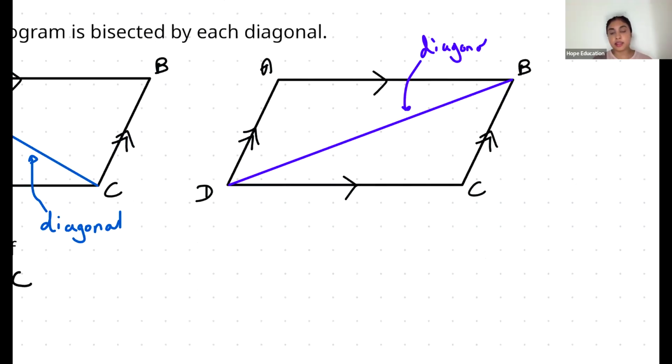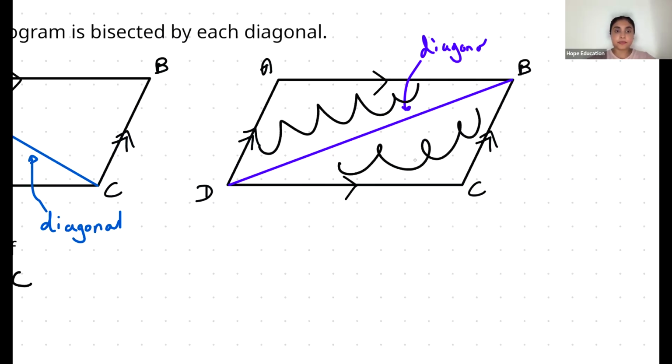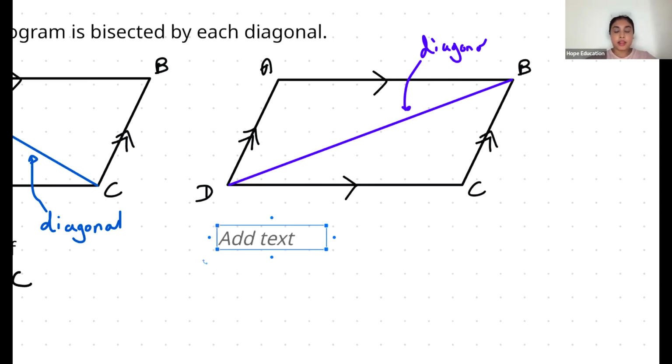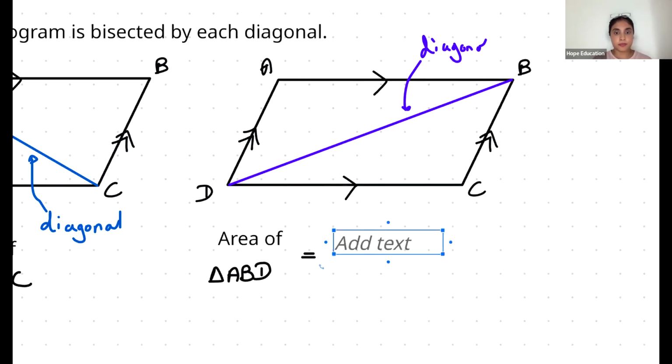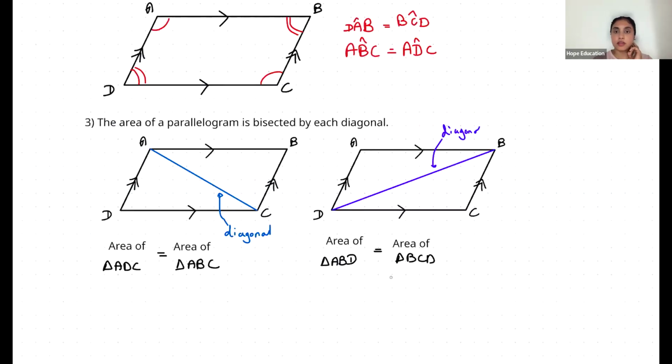That means this part's area is equal to this part's area. So I can write that area of ABD is equal to area of BCD. So this is the third property of parallelograms.